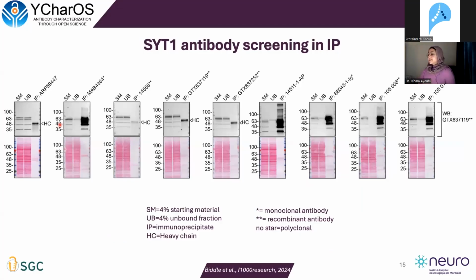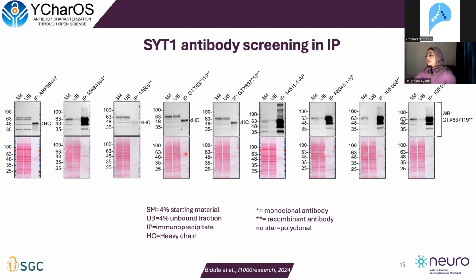Next, the antibodies are tested for their ability to capture the protein in immunoprecipitation. For this, lysates from wild-type cells are prepared in a non-denaturing buffer and incubated with the antibody, then processed by SDS-PAGE. 4% starting material is run side by side with 4% of the unbound fraction, and of course the whole immunoprecipitate.